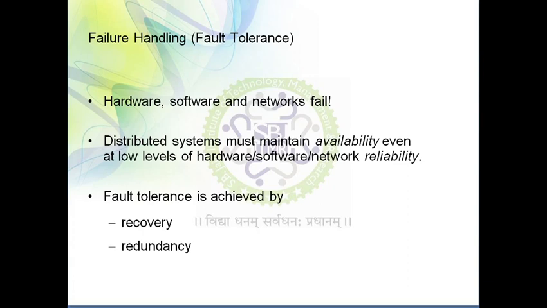Failure handling: hardware, software, and networks fail. A distributed system must maintain availability even at low levels of hardware, software, and network reliability. Fault tolerance is achieved by recovery and redundancy.